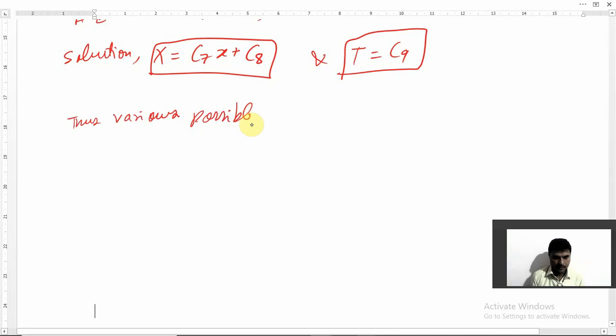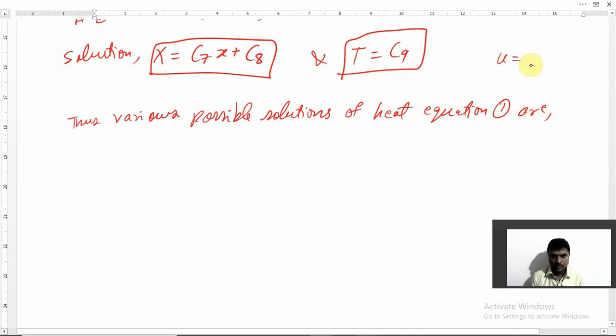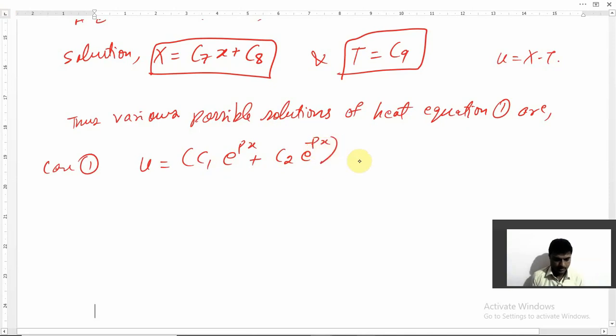Thus there are various possible solutions of the heat equation. Here I am going to take the equation u is equal to x into t. This is our solution, so one by one. In case 1, what is u? u is c1 e raised to px plus c2 e raised to minus px, into c3 e raised to c square p square t.